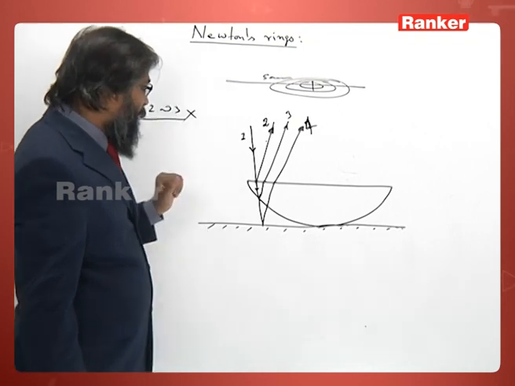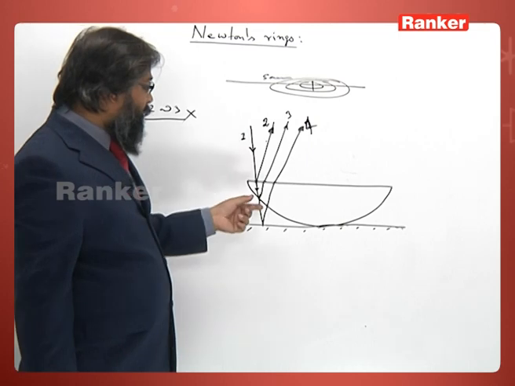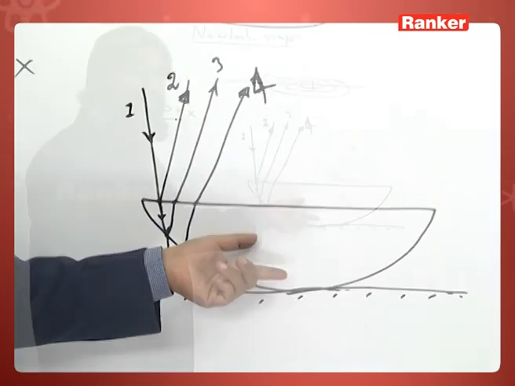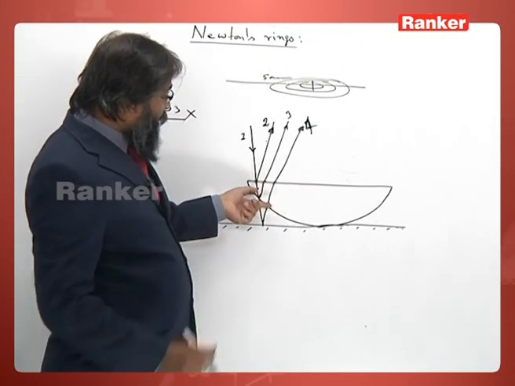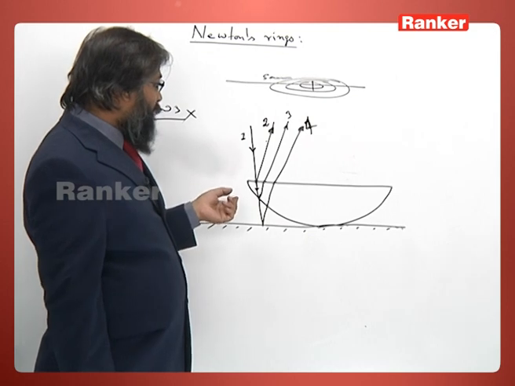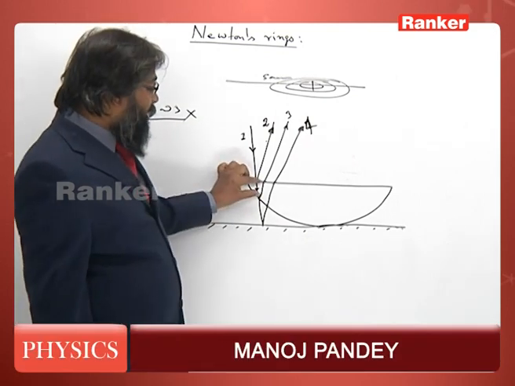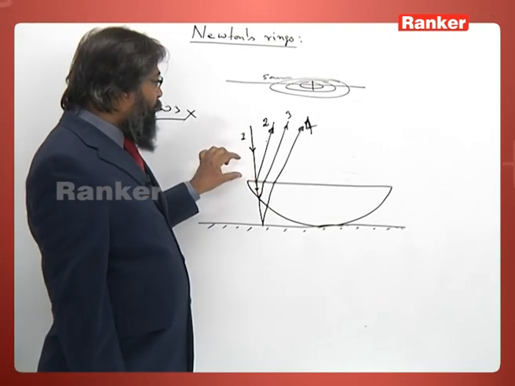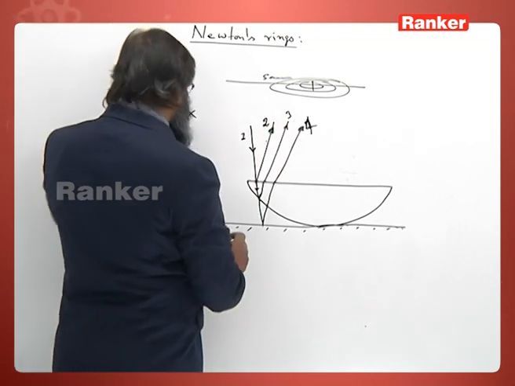Why they won't interfere? Because I said this is thin lens, but even this thin lens, the thickness of the thin lens is very large compared to the dimensions of the wavelength of light. That is why interference takes place only when the distances involved here are comparable to the wavelength of light. That is why 2 and 3 will not interfere.